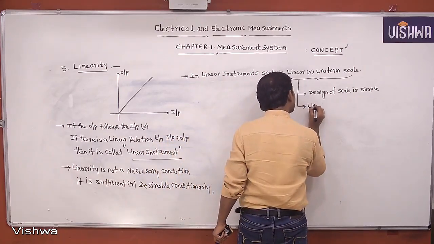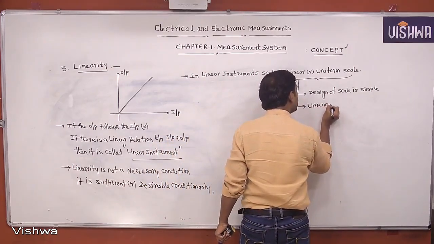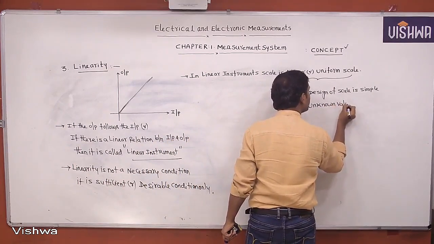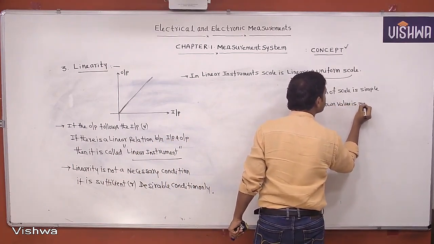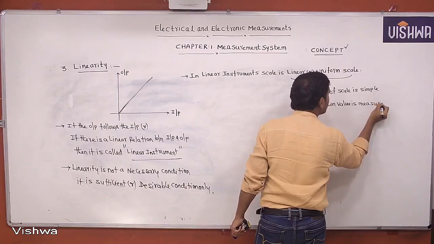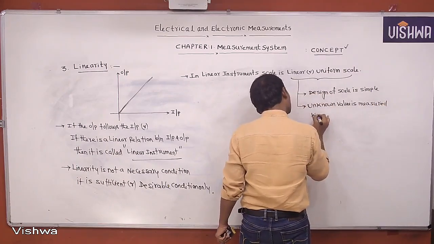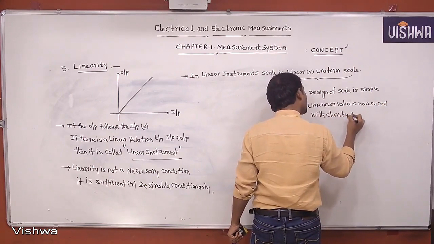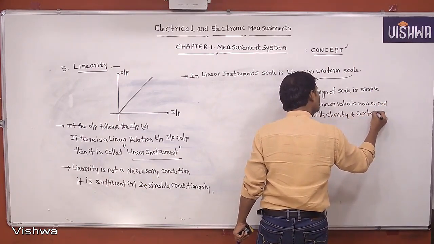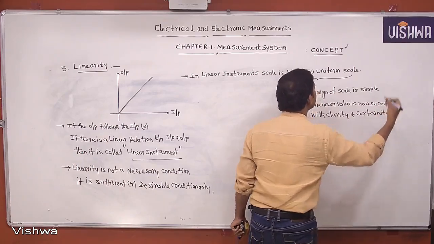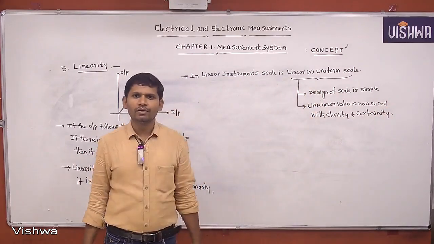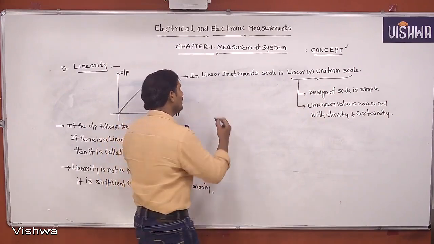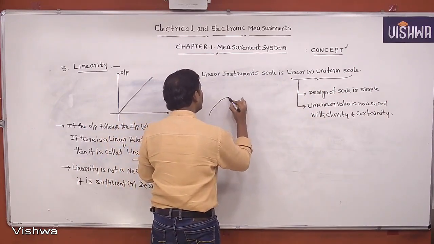This is important. The unknown value is measured with clarity and certainty. That is the advantage of a linear scale. Linear scale means uniform divisions.